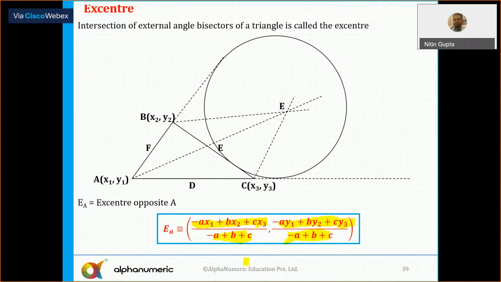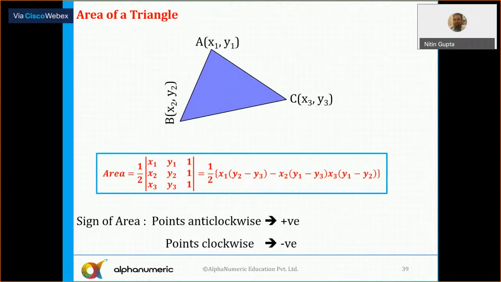The formula for the excenter of a triangle. Area of the triangle, we all know it's important in the CAT.